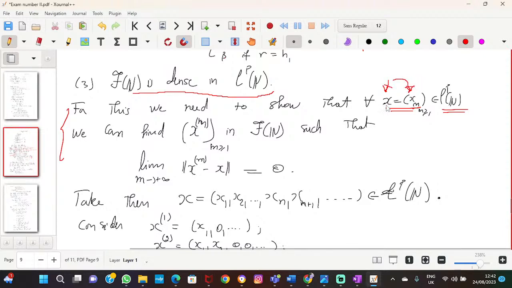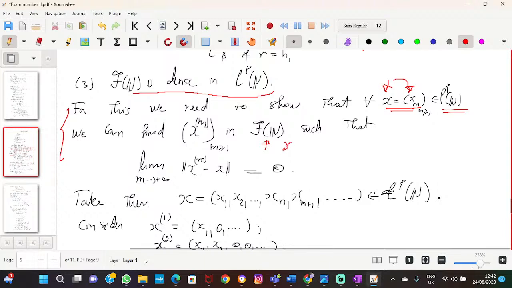This is an element x in LP, but we know that elements of LP are sequences. So now we must find a sequence of elements of F1. But elements of F1 are themselves sequences.